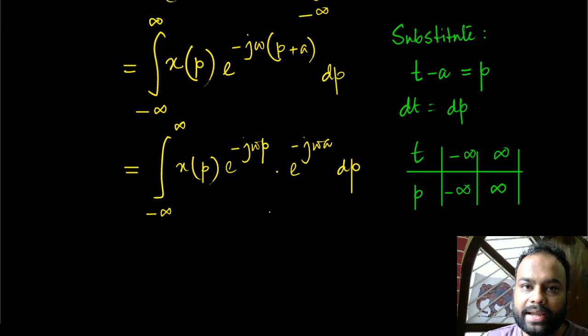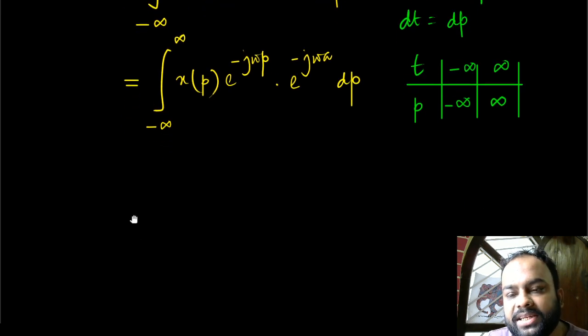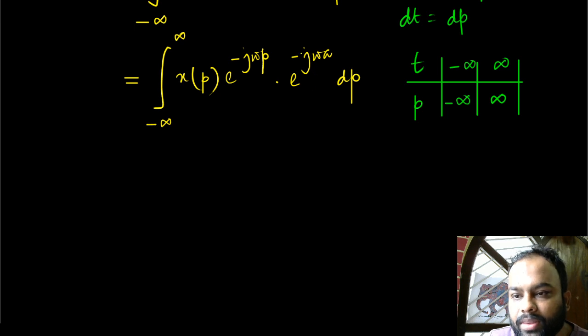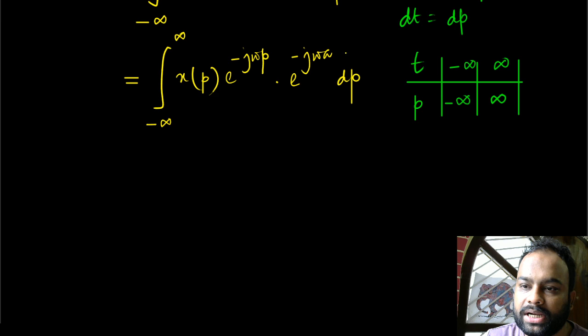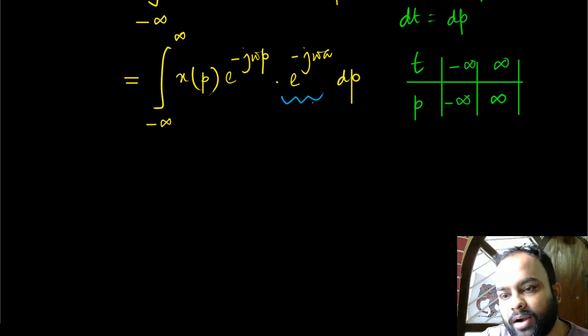So e to the power minus j omega a does not involve the variable; it is a constant from the perspective of this integration. So I can take this term and bring it outside, simply because it does not have any variable term with respect to the integration here.